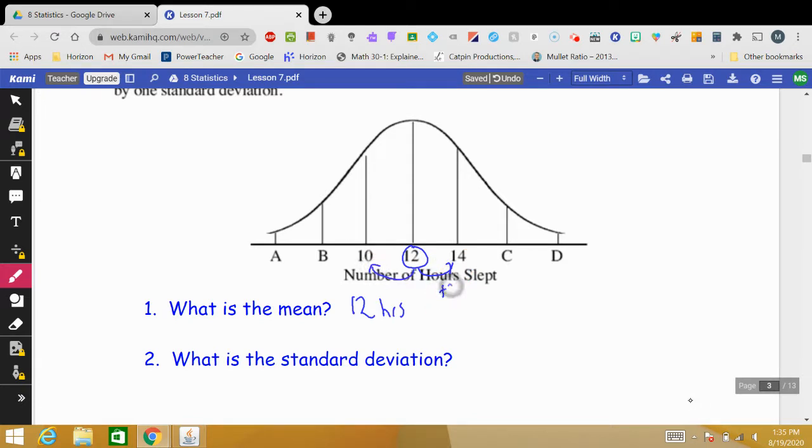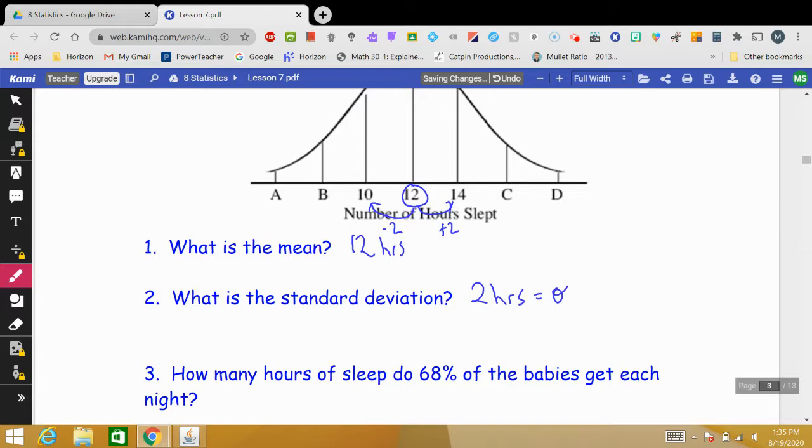They added 2 and minus 2, so 2 hours is our standard deviation. Okay, so how many hours of sleep does 68% of the babies get? Remember, 68% is 1 jump, so that means it's between 10 hours and 14 hours of sleep.